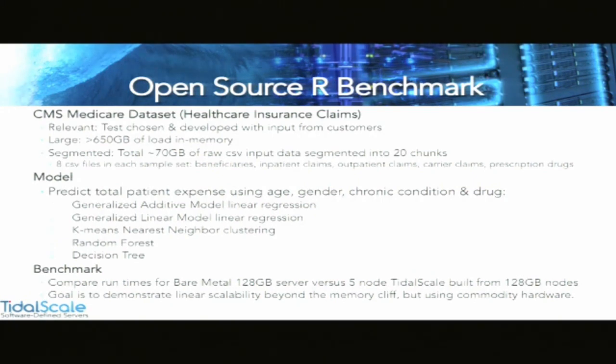You have 70 gig of raw data input, but when you use the algorithms that we wrote, it expands to almost 680 gig. And then we're going to run it on a single bare metal 128 gig server and compare that to a 5-node TidalScale system using the same 128 gig nodes, right? So apples to apples, literally the same hardware. We're comparing bare metal to TidalScale's virtualization.